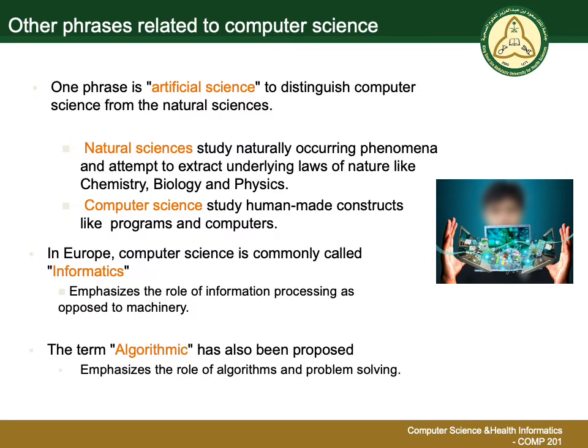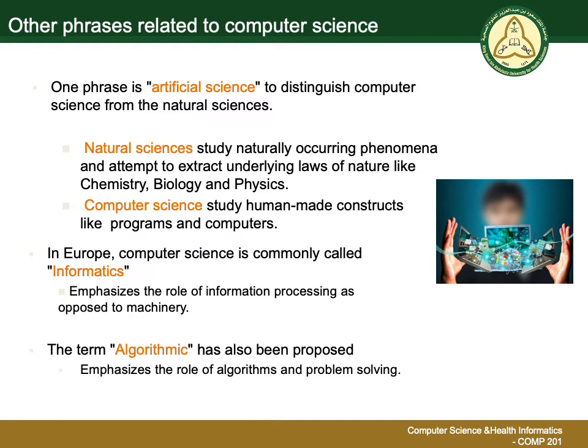One phrase: the artificial science, اللي هو العلم الصناعي أو المصطلح, to distinguish computer science from natural sciences. In natural science, we know there are natural sciences and artificial sciences. Natural sciences هي العلوم الطبيعية.